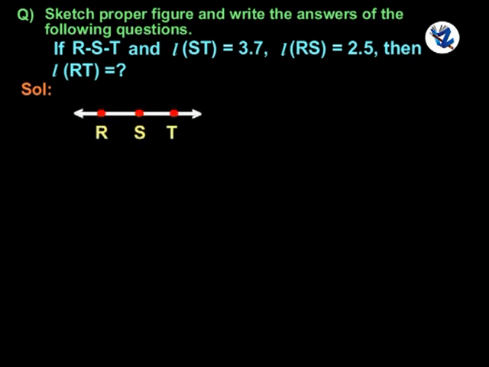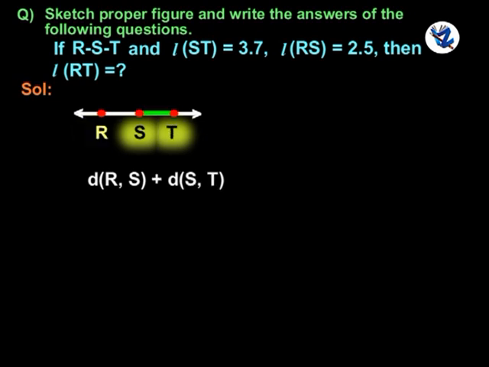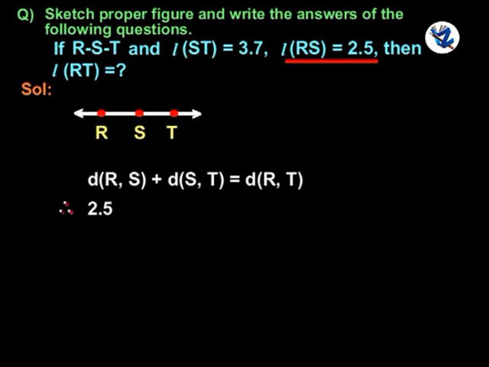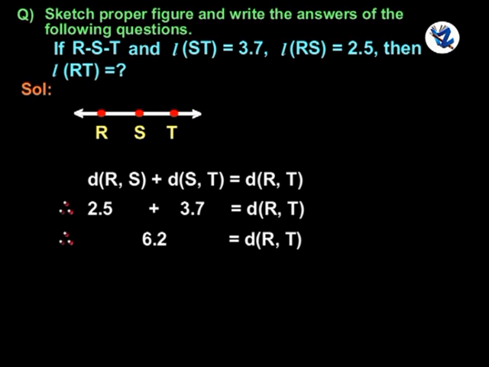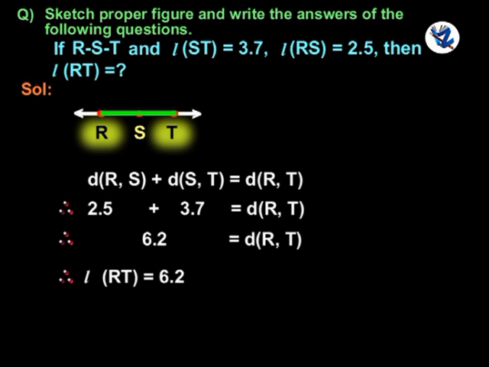Here R-S-T, so distance RS plus distance ST is equal to distance RT. Therefore 2.5 plus 3.7 is equal to distance RT. Therefore distance RT is equal to 6.2. Therefore length RT is equal to 6.2.